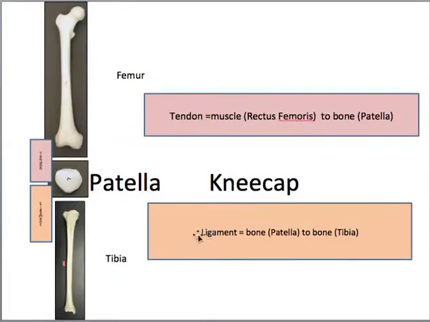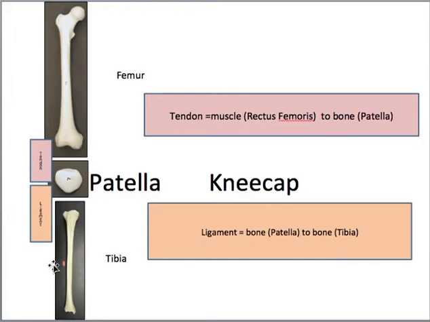The ligament attaches to the patella and then passes down past the patella and attaches to the tibia at this little bump, the tibial tuberosity. Okay, so this is what allows you to extend your knee. So again, right femur, right patella, right tibia.